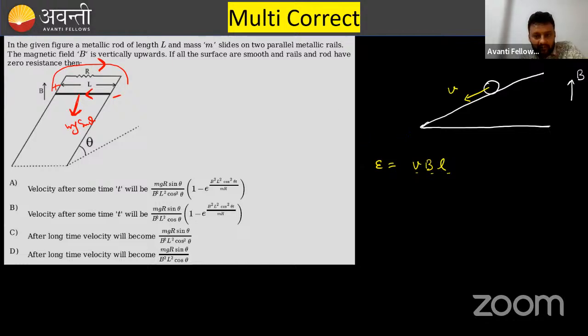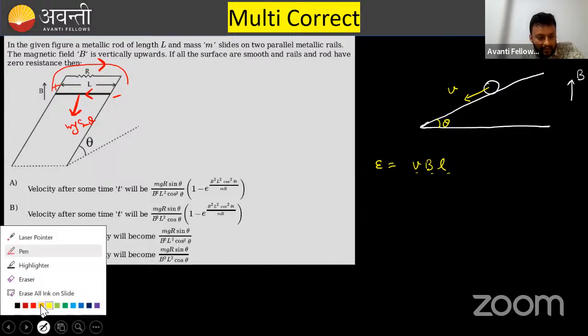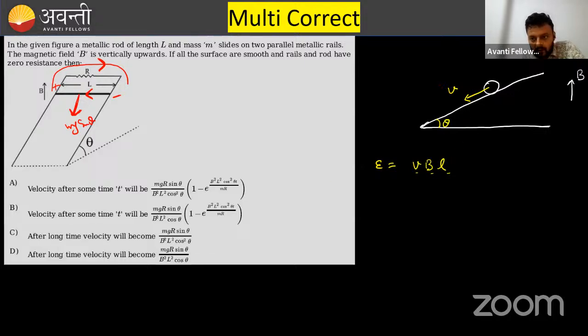So if I say this angle is theta, which component of speed will be perpendicular? I think this component of speed will be perpendicular. This component will be what? V cos theta. Was this point understood?